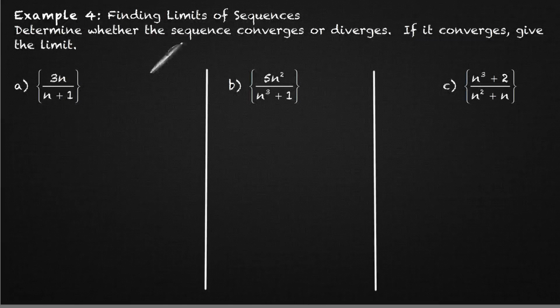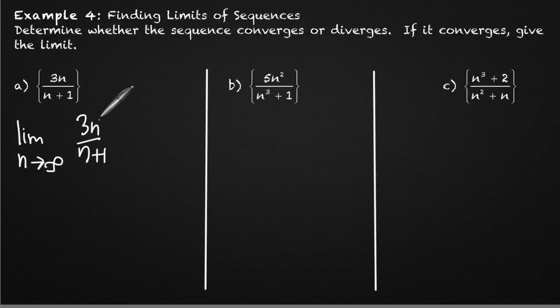Let's actually get a pen. We're going to take the limit as n approaches infinity, or as the term number gets bigger and bigger, and see what this function goes to. Once again, the power on the top is 1 and the power on the bottom is also 1, so the powers are the same. When that is true, we look at the coefficients, 3 over 1, and so that is going to be 3.